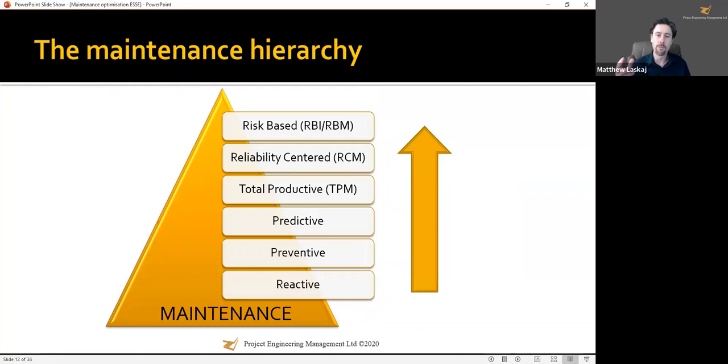Then a little bit more advanced where we're thinking about consequence of failure and risk, which is reliability-centered maintenance, and the proactive style where we've got a combination of reliability and risk-based maintenance. So this is your evolution or advancement in your choices of maintenance. So as an engineer or as a maintenance team, we need to pick what's the best plan for our equipment.